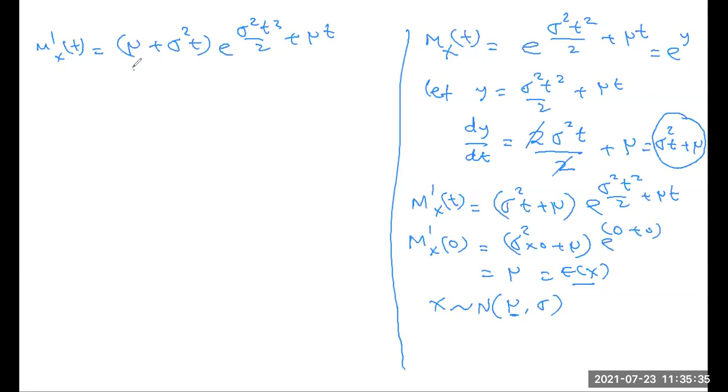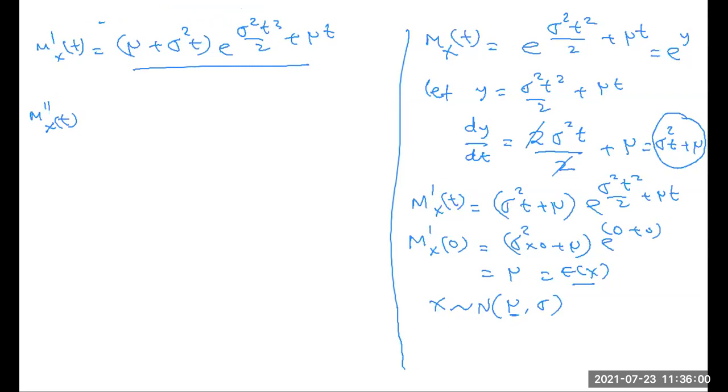So we differentiate this term once again to get the second derivative. You can use the product rule: if y equals a times b, then y prime is given by a prime b plus a times b prime.